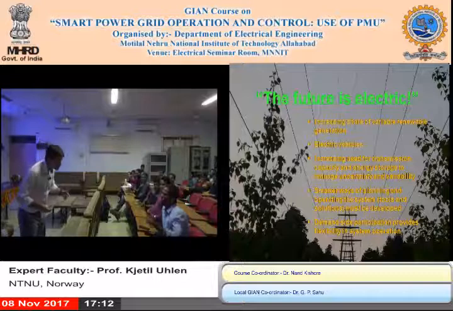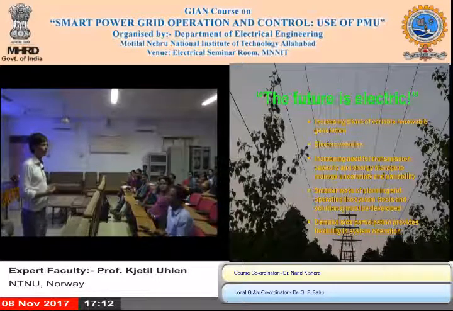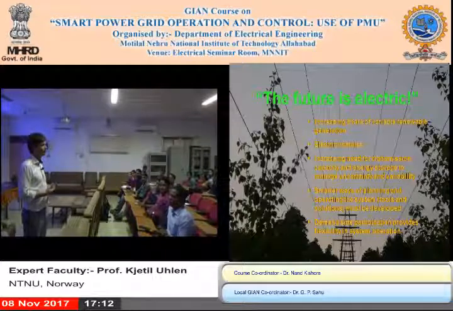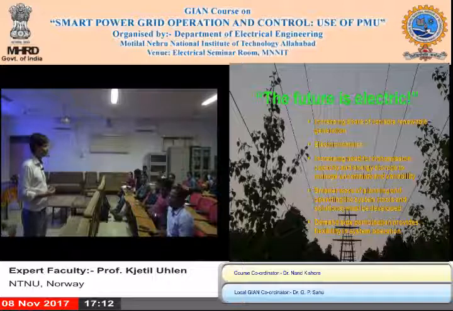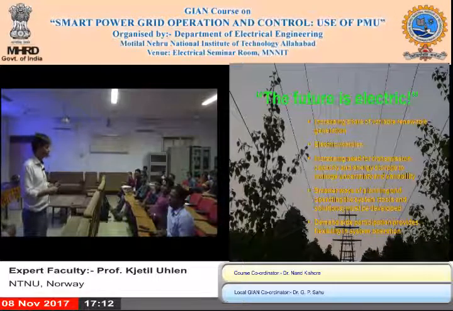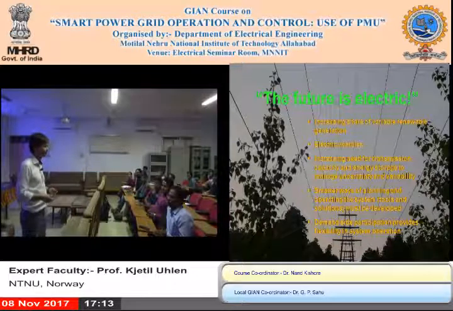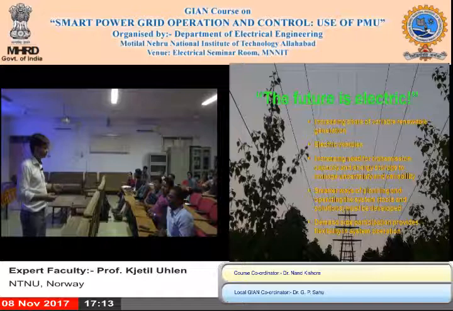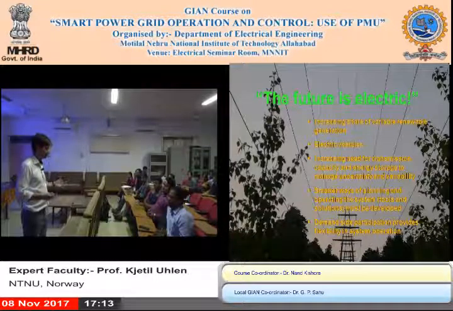I can read that. Completely replacing the state estimation? No, not completely, but if you talk about the classical state estimator, of course it could replace that if you have PMUs at all nodes, or not all, but at 50% of the transformer stations. You could do the same as the classical state estimator.